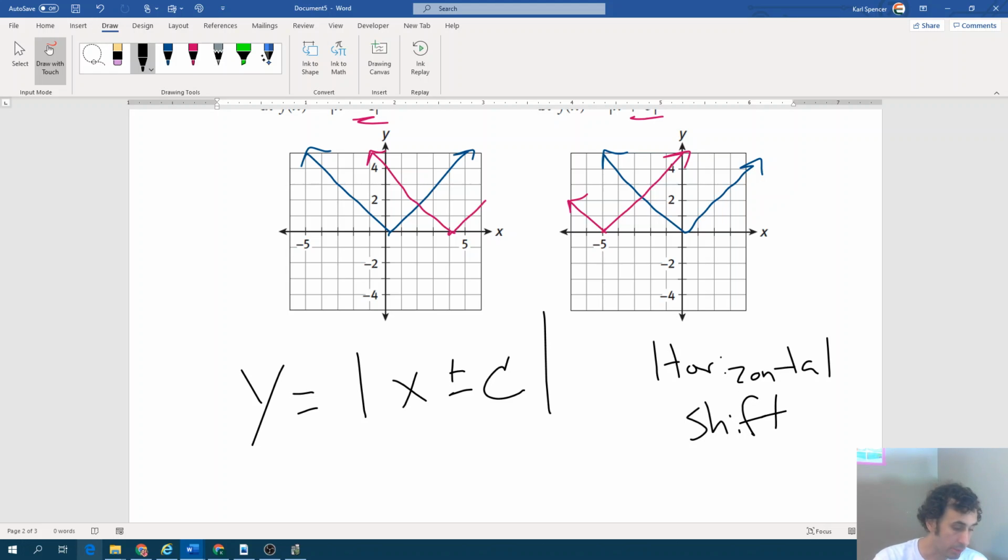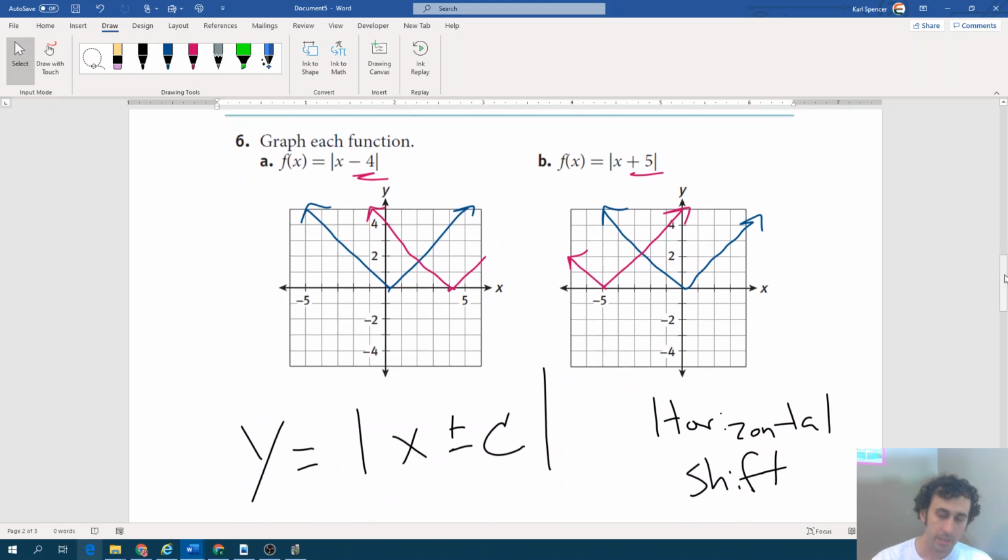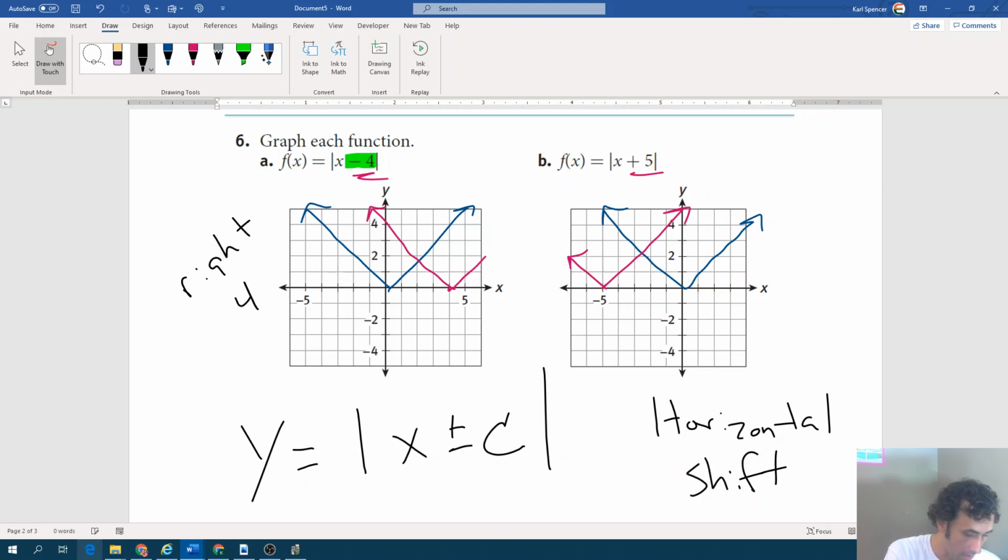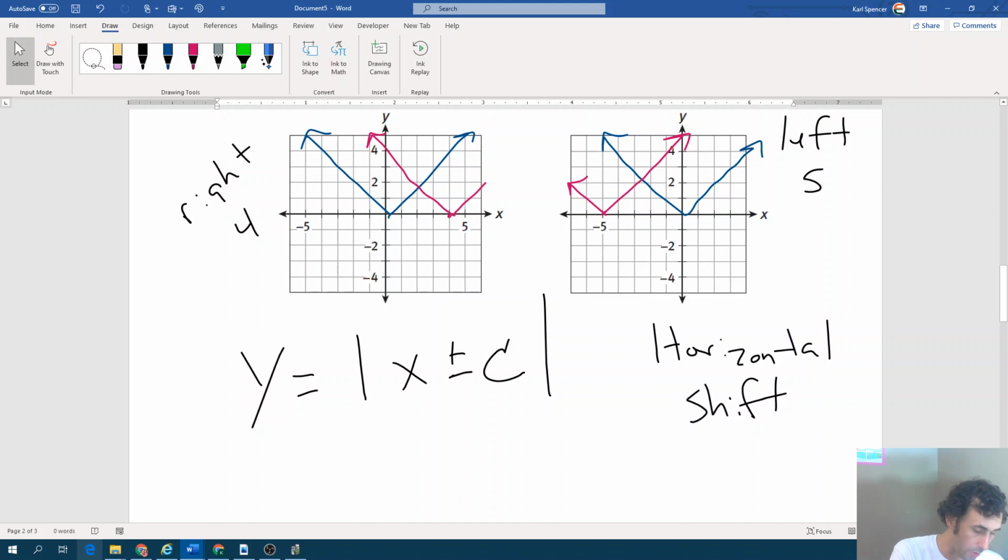But do note, as we do horizontal shifts, that shift is always going to be opposite to whatever the sign is. A minus 4 sends it to the right 4. A plus 5 sends it to the left 5. So the shift is always opposite whatever the sign is. And that's only true for the horizontal shifts. Maybe we should make a little note of that.